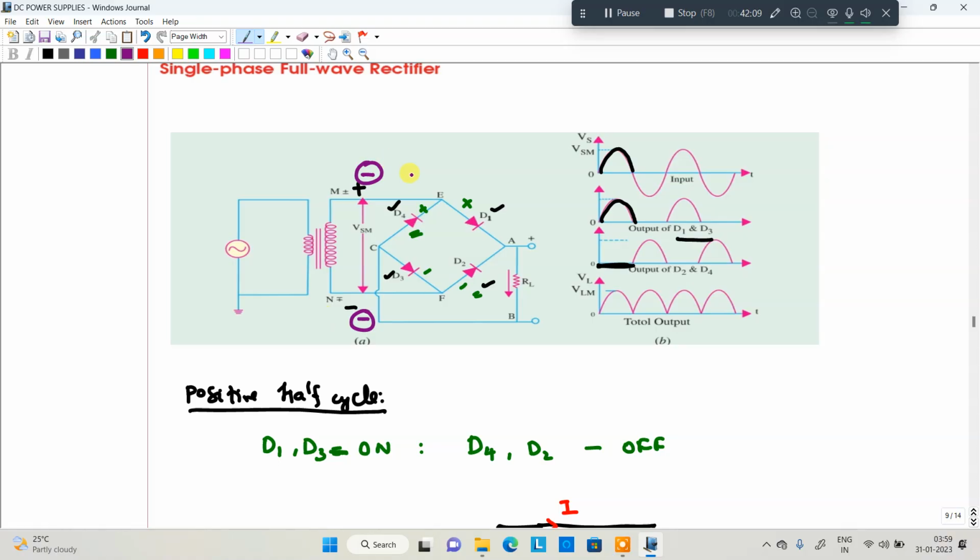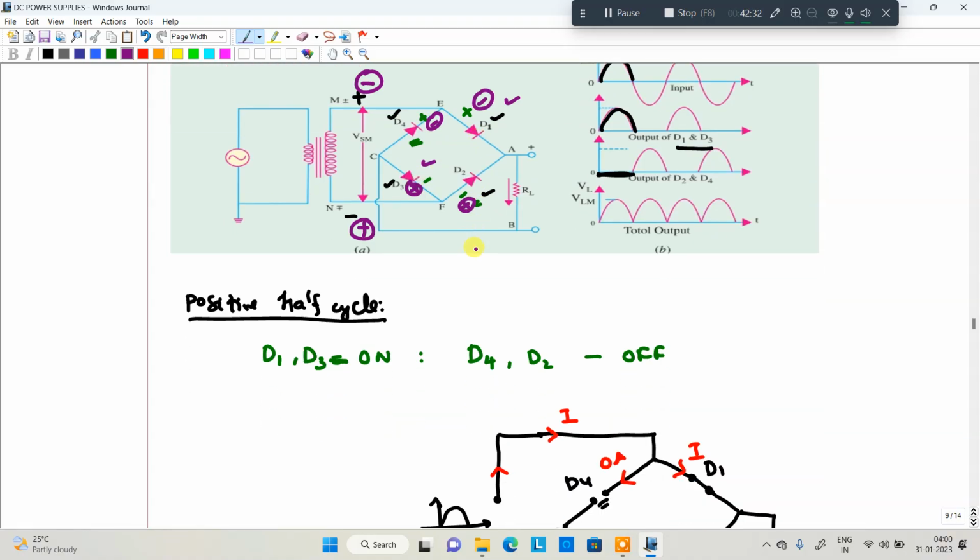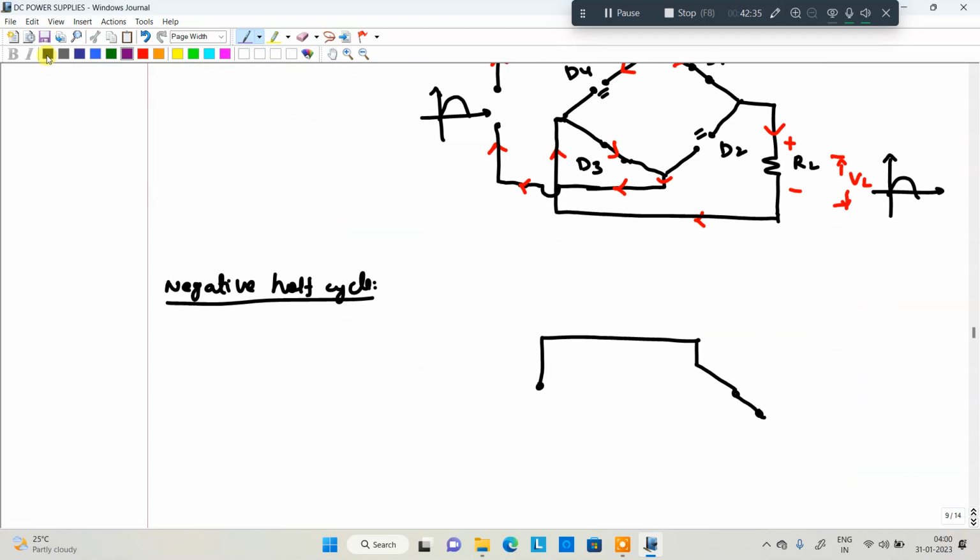Coming to here, this negative terminal is connected here, this negative terminal connected here. Next, this positive terminal is connected here, this particular positive terminal connected here. Okay, that means D1 and D3 are off state, and D4 and D2 are on state.